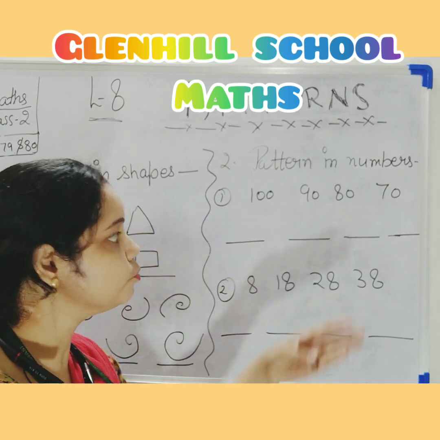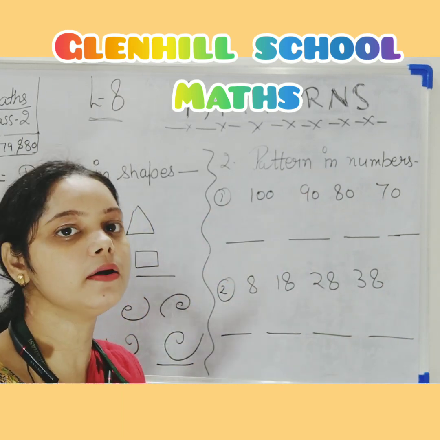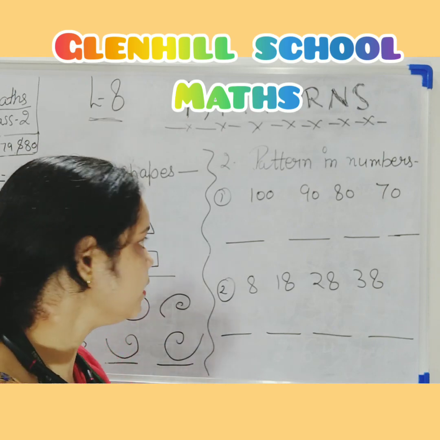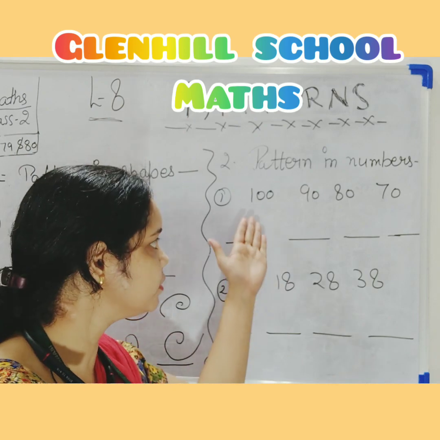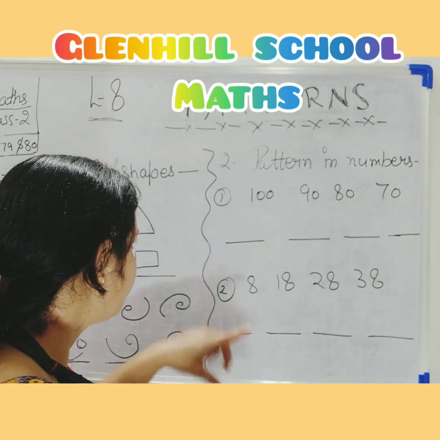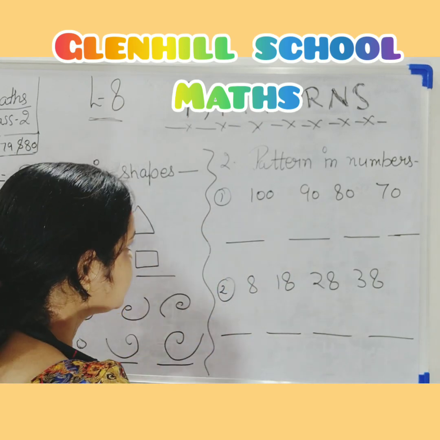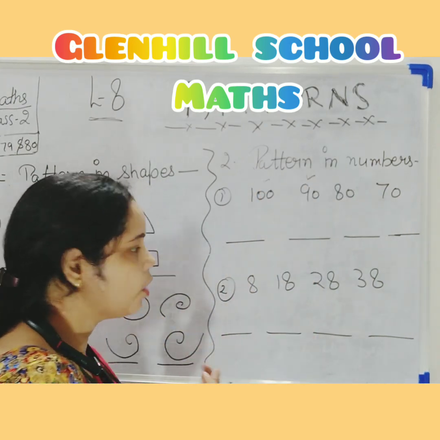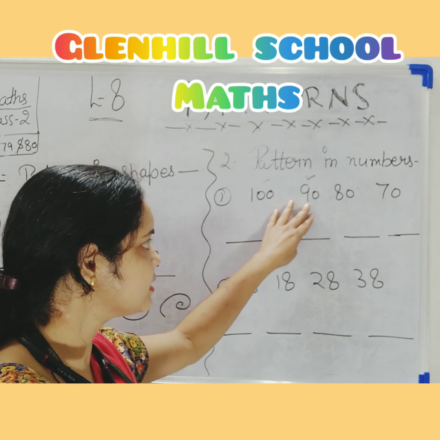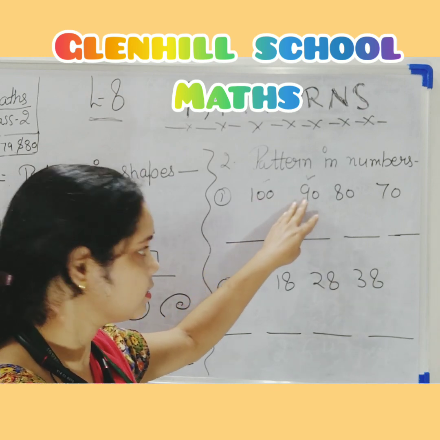Now we are going to solve the question which is based on the pattern in digits. Okay, so here see what pattern you have to recognize after seeing these digits. First digit is 100, next is 90. So how much less than 100 is it? Minus 10 is 90.